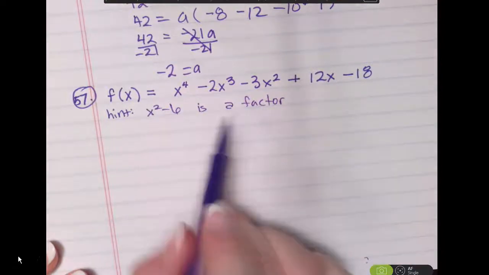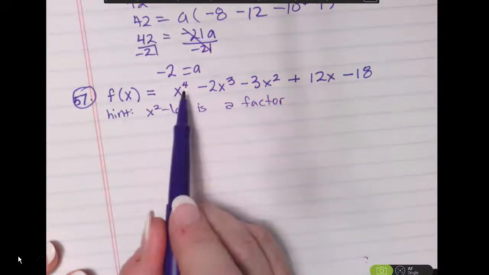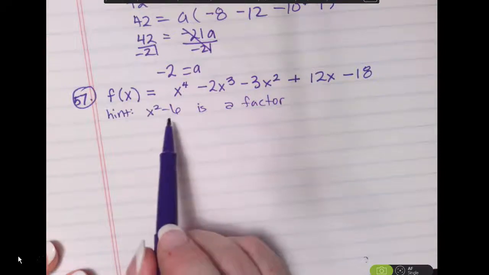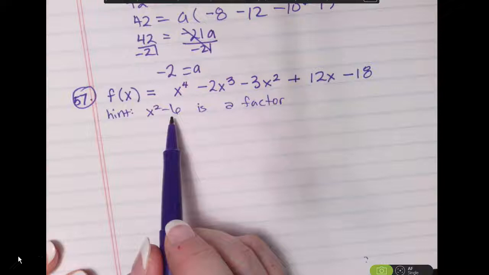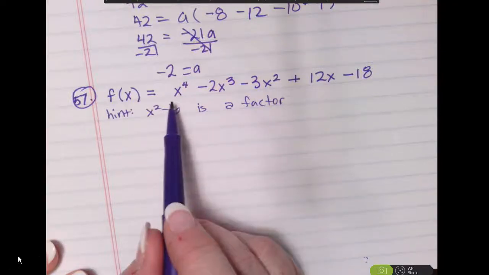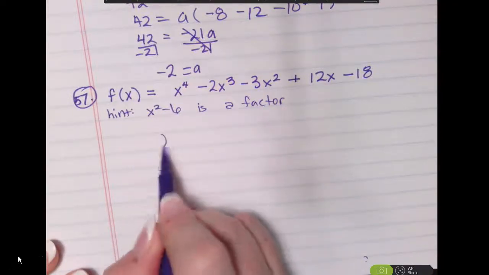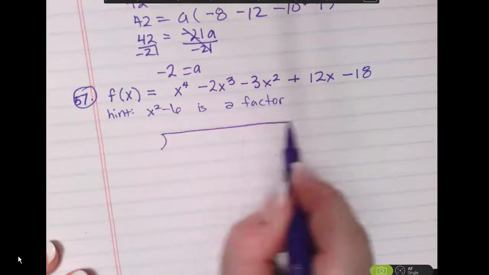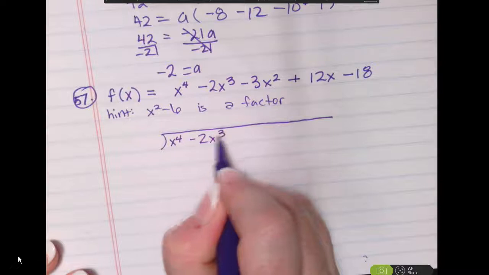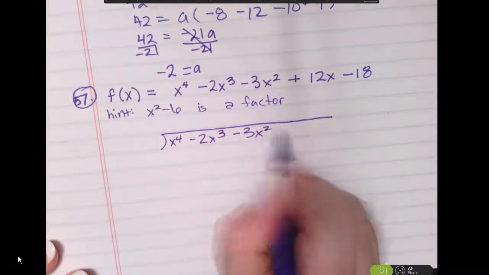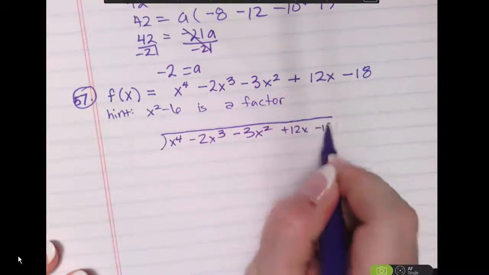So right there, that tells me if I want to reduce this thing and get it in terms of factors, then I need to divide that out using long division. So x to the 4th minus 2x cubed minus 3x squared plus 12x minus 18.